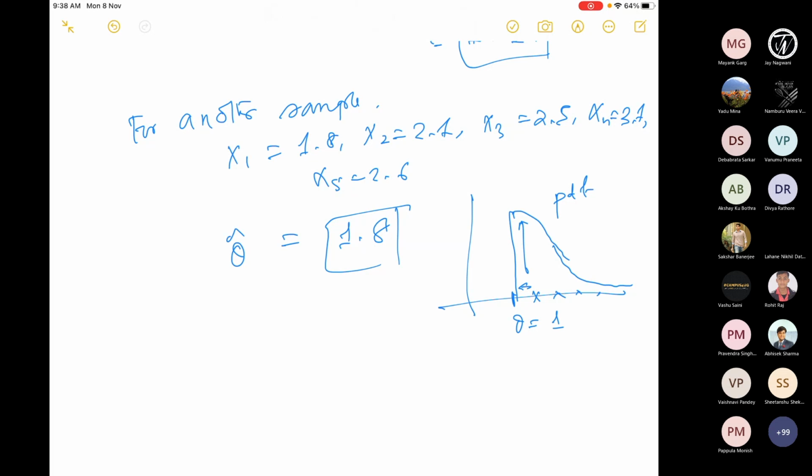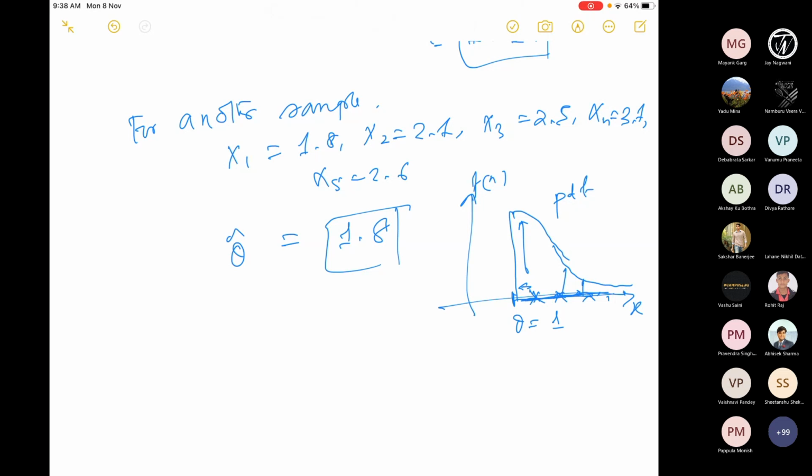This is a PDF, so this is x and this is f(x). There is a high chance that when I'm sampling these values, I'll get a value which is close to 1. I am getting values from here, but these values come with some probabilities. Anyway, the probability of having a single point is always 0, because it is a continuous distribution.